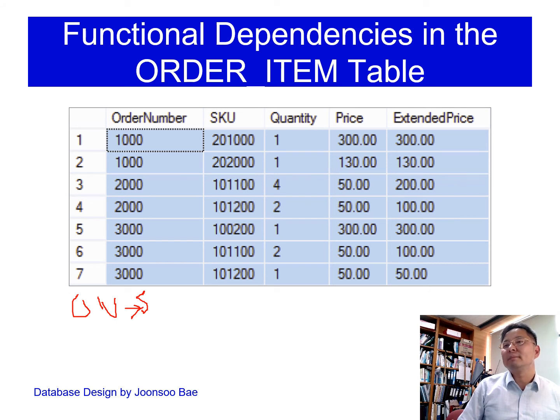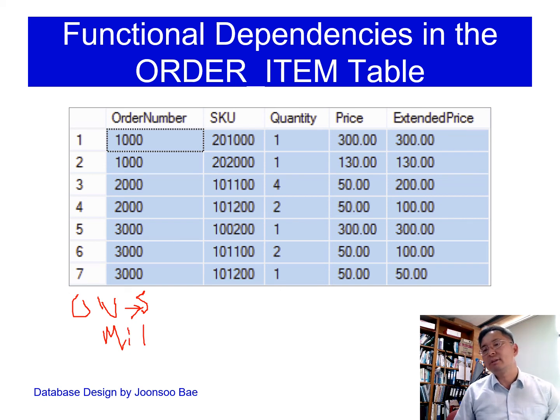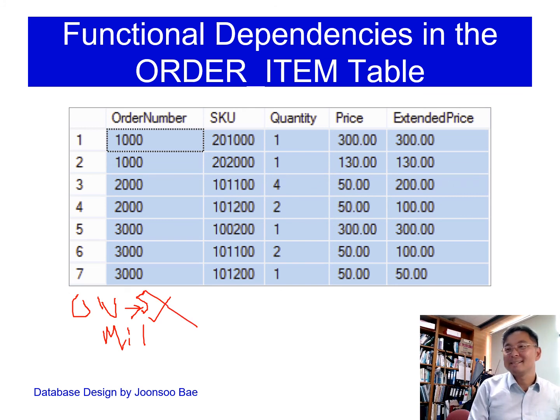No. Order number is the same, 1000, but SKU has 2 data. So that means this is a many, and this is a 1. So that means many-to-one mapping, so it is not a function.